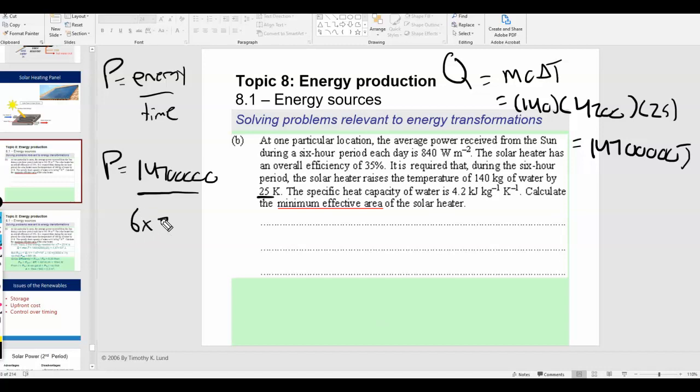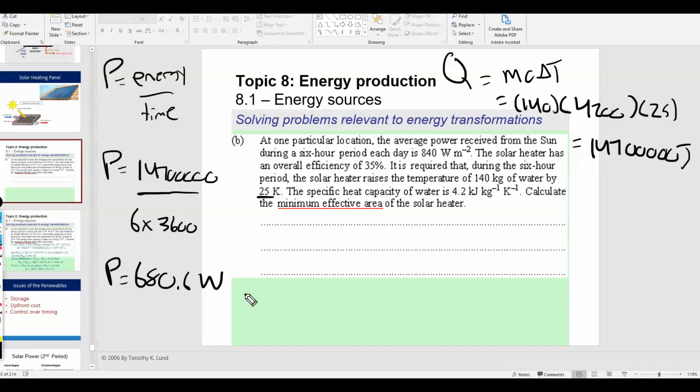Each hour has 3,600 seconds. And so that's going to take 680.6 watts of power. So the water has to absorb energy at a rate, on average, of 680.6 joules per second in order for the temperature to be raised this much.